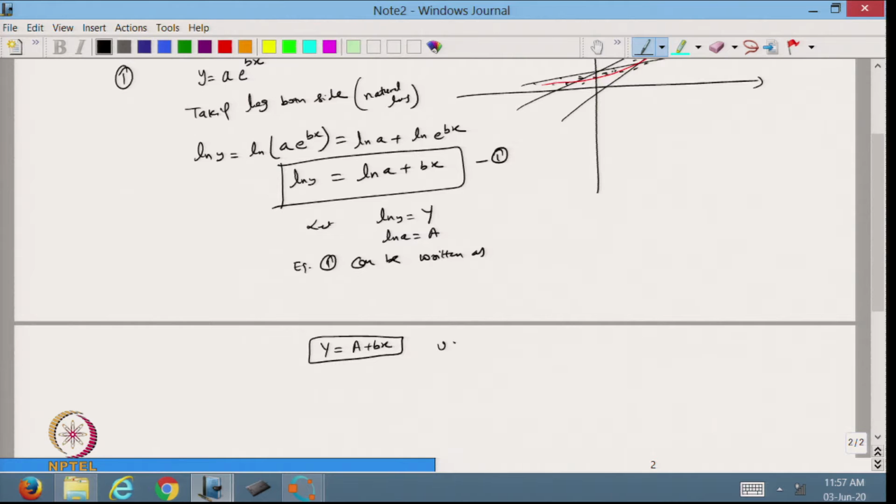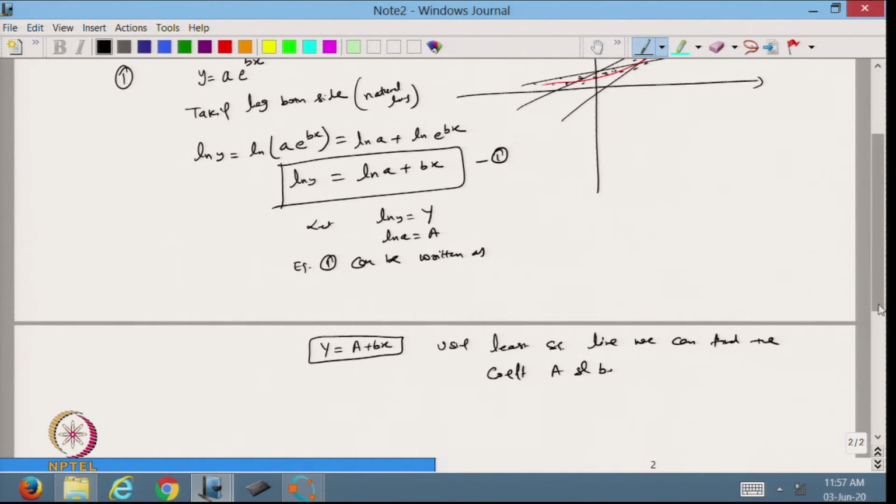Using the least square line we can find the coefficients capital A and b. Once I know the values of capital A and b, I will put the value of capital A here and find the value of a by taking the exponential.